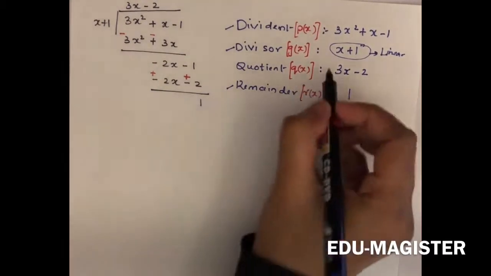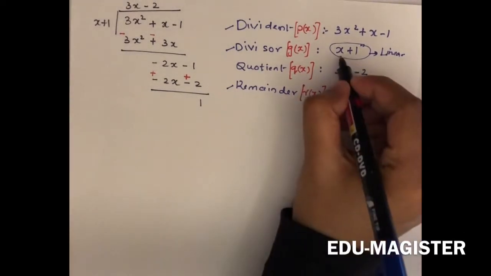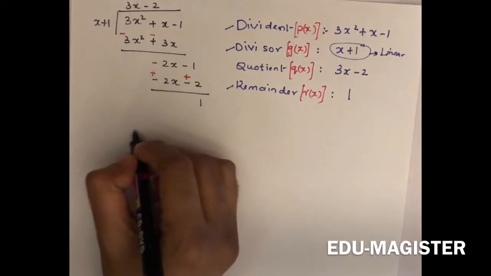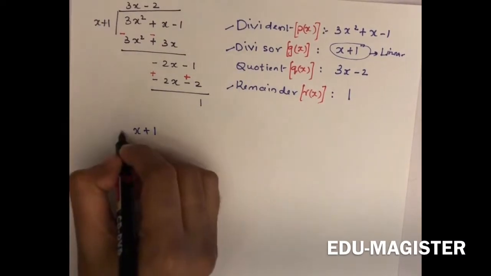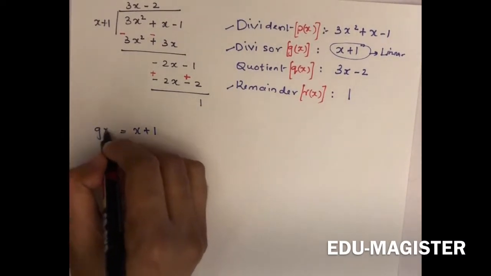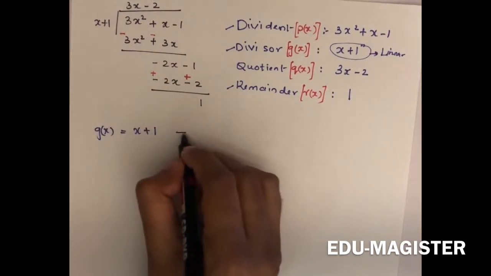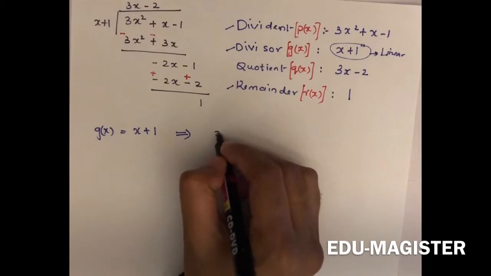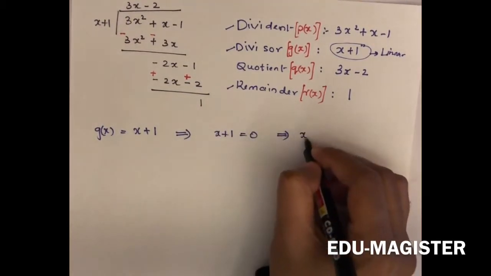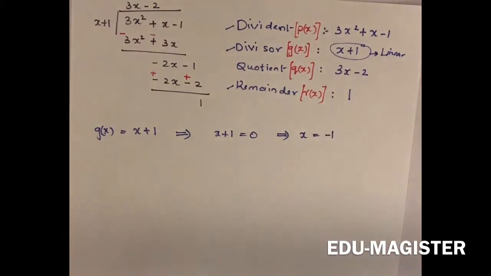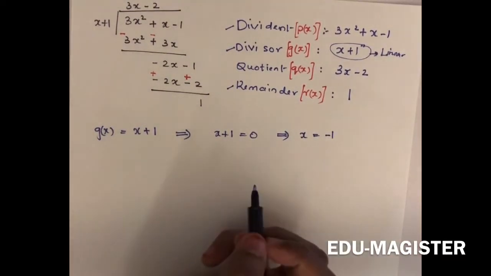Let's find the 0 of this divisor polynomial, g of x, that is x plus 1 is equal to 0 implies x is equal to minus 1. So minus 1 is the 0 of this divisor polynomial.